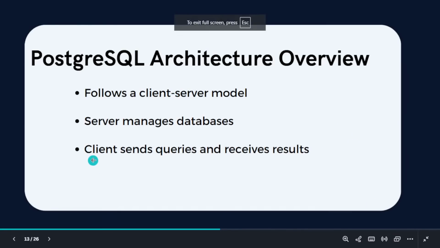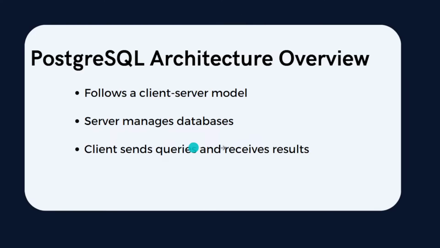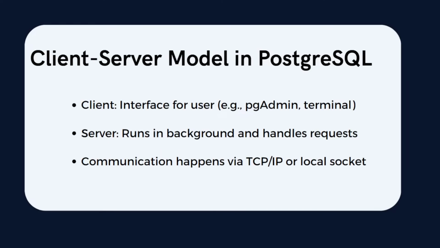Okay, what we see is that the client sends queries and receives results from the database. Now, the client-server model in PostgreSQL: we use pgAdmin to access PostgreSQL, and the server runs in the background and handles requests. Communication happens via Transmission Control Protocol and Internet Protocol, or a local socket.